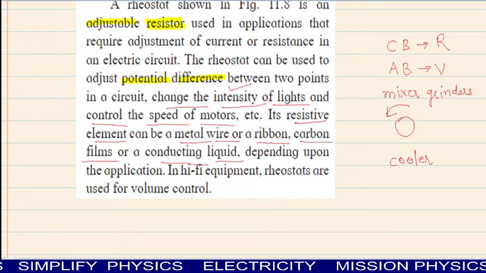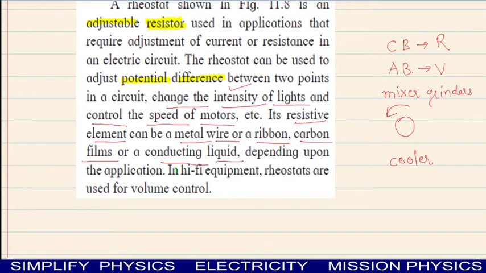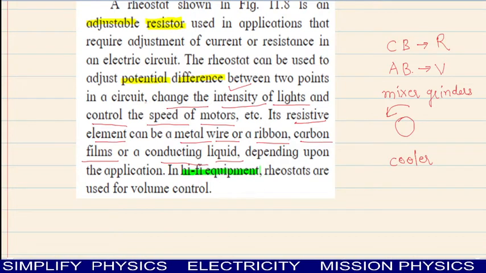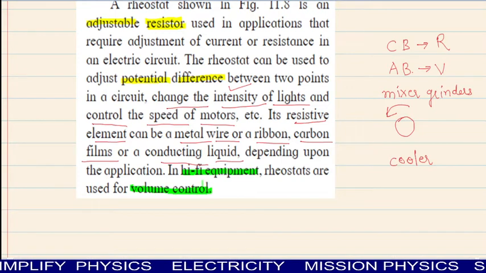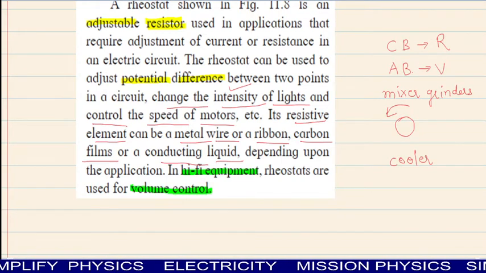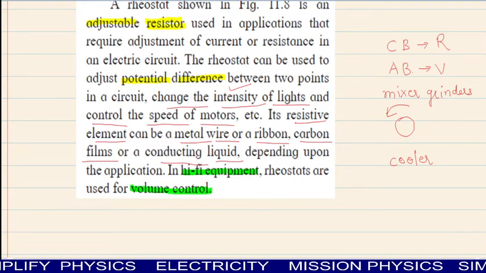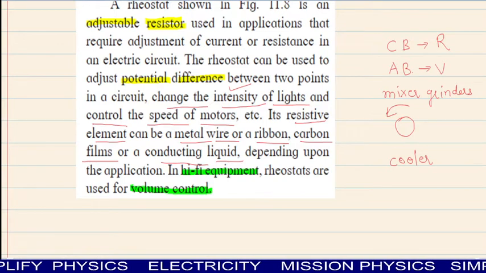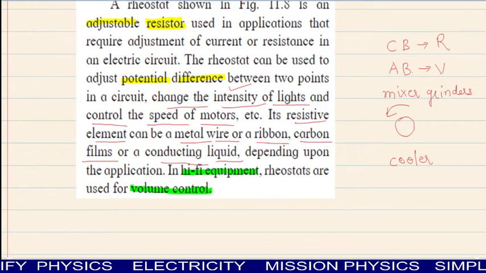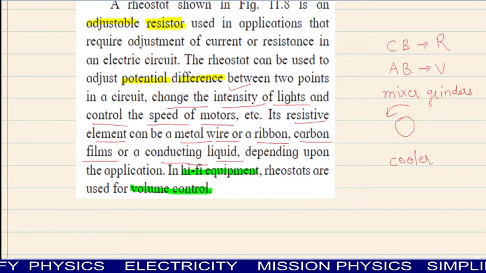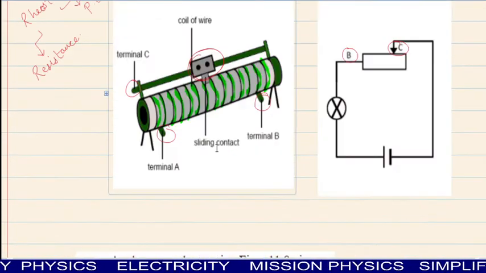And as we have discussed already, in hi-fi equipment, rheostats are used for volume control. ओके, सो एक नॉब जैसा होगा जिसको रोटेट करके आप वॉल्यूम या फिर व्हाट एवर इज द प्रैक्टिकल यूटिलाइजेशन, उसको हम कंट्रोल कर लेंगे. तो एक बार फिगर को और चेक करते हैं.